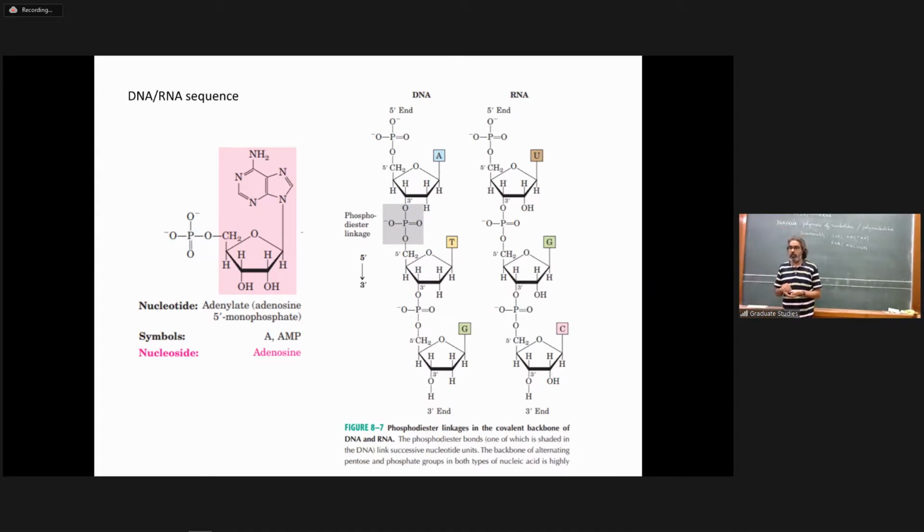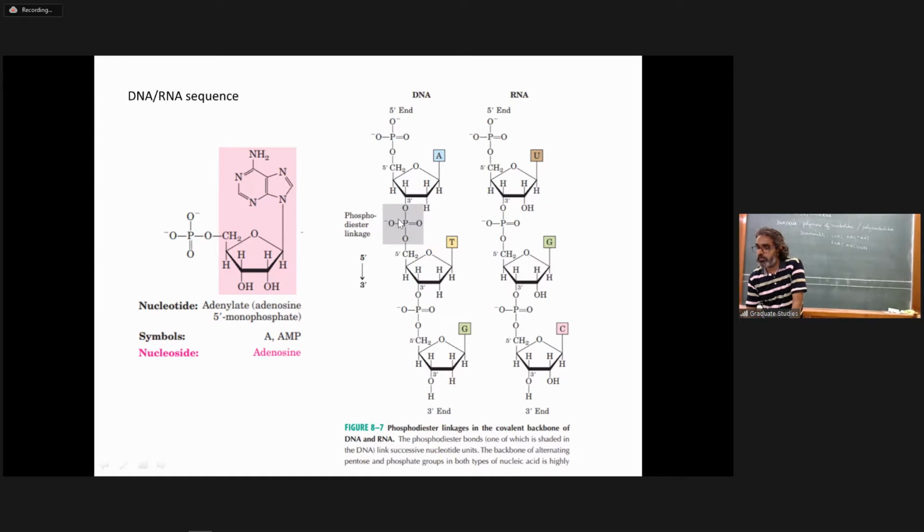You replace that hydroxyl group with the phosphate of the incoming nucleotide, guanosine, eliminating water. So instead of that OH, you attach to that phosphate.